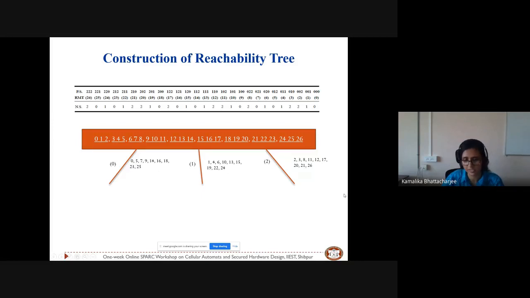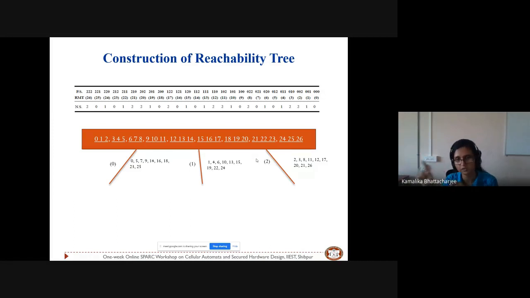Now, from the edge, we can derive the node. How to derive it? We'll just take the sibling RMTs generated out of each RMT. If it is 0, what are the RMTs that can be sibling RMTs out of it? From 0 we can find 0, 1 or 2. If you refer to the previous table of sibling RMT sets, what we can do is shift it one cell rightward, and the rightmost part will be filled with any of the states.